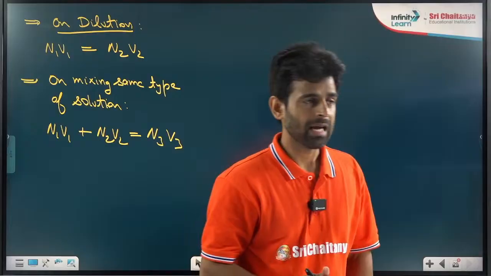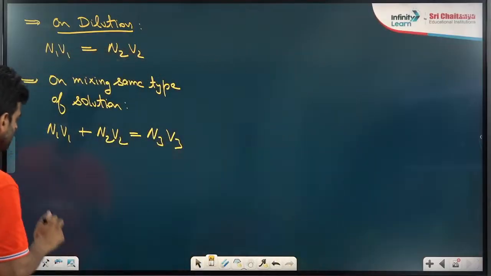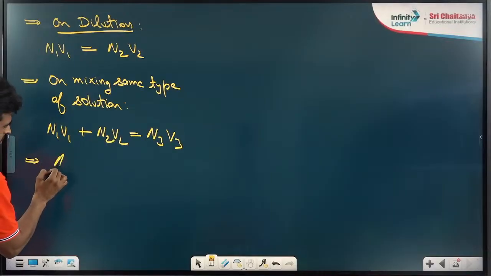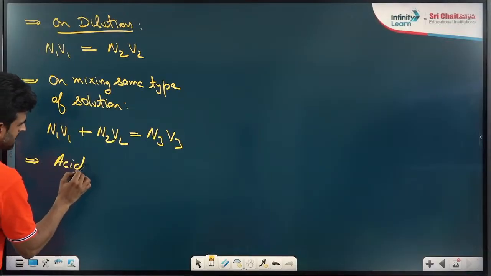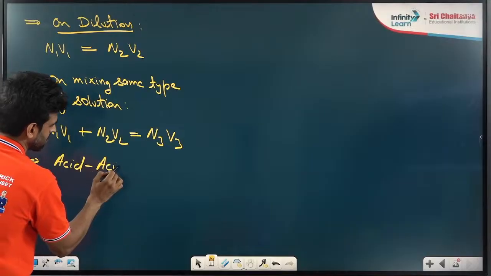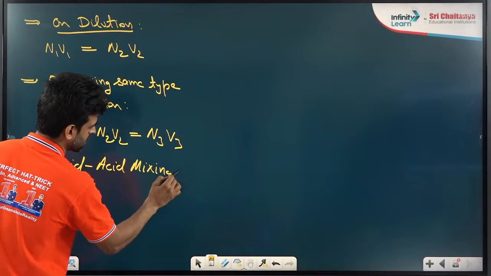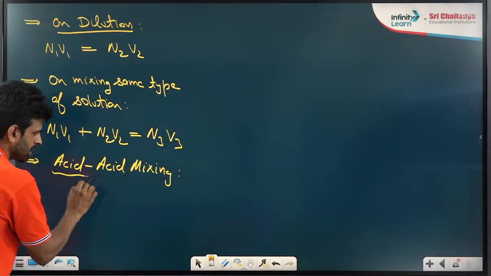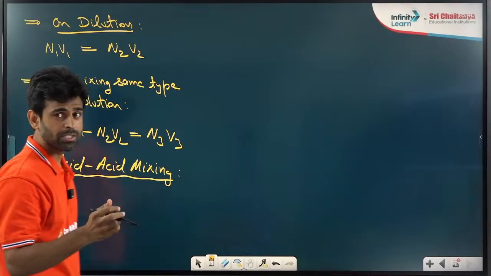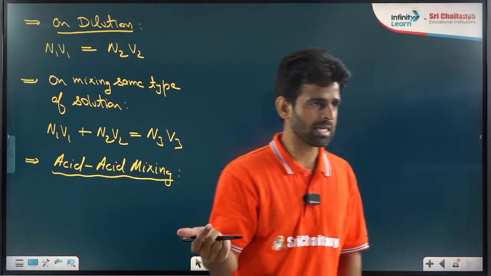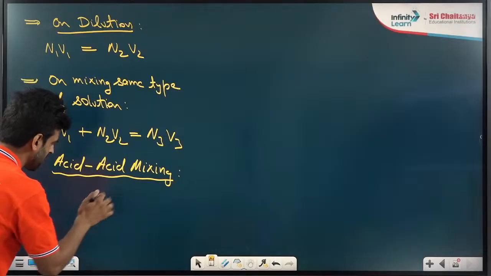And one more very important thing. Sometimes they give acid mixing, a very special case: if they mix solutions of two strong acids, I will take one or two questions from this in tomorrow's class.